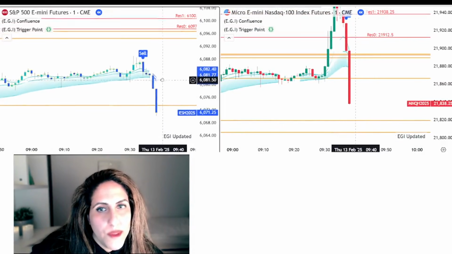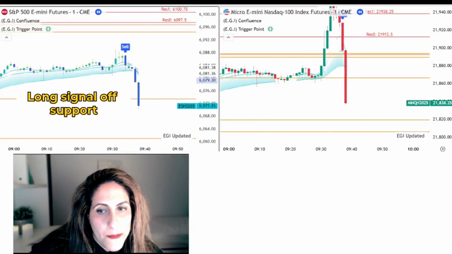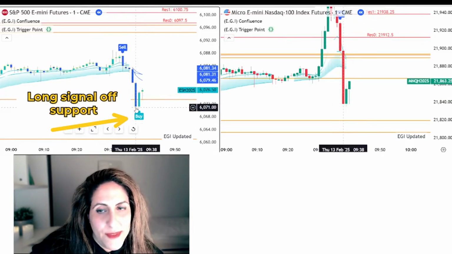Now, let's take a look here. Finally, ES reached its support level, broke a little, but then it indicates a false breakout.